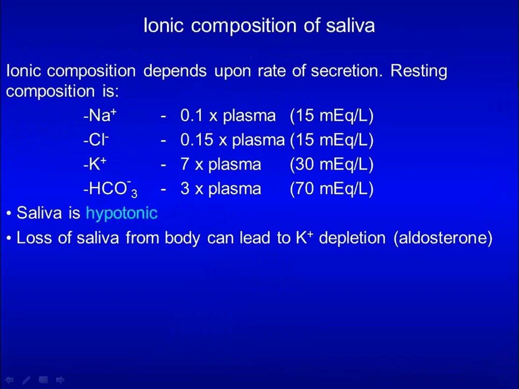As a result, under resting conditions, the concentration of sodium and chloride in the saliva are only 1/7 to 1/10 their concentration in plasma. Conversely, concentration of potassium is 7 times as great as in plasma, and concentration of bicarbonate is around 3 times of plasma. Saliva is hypotonic.